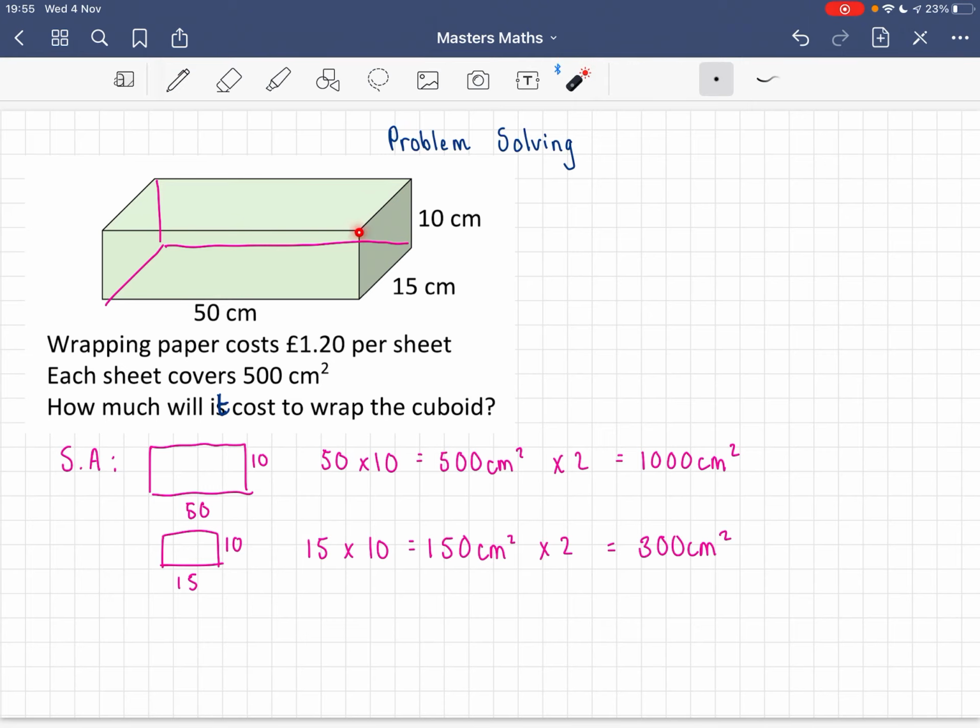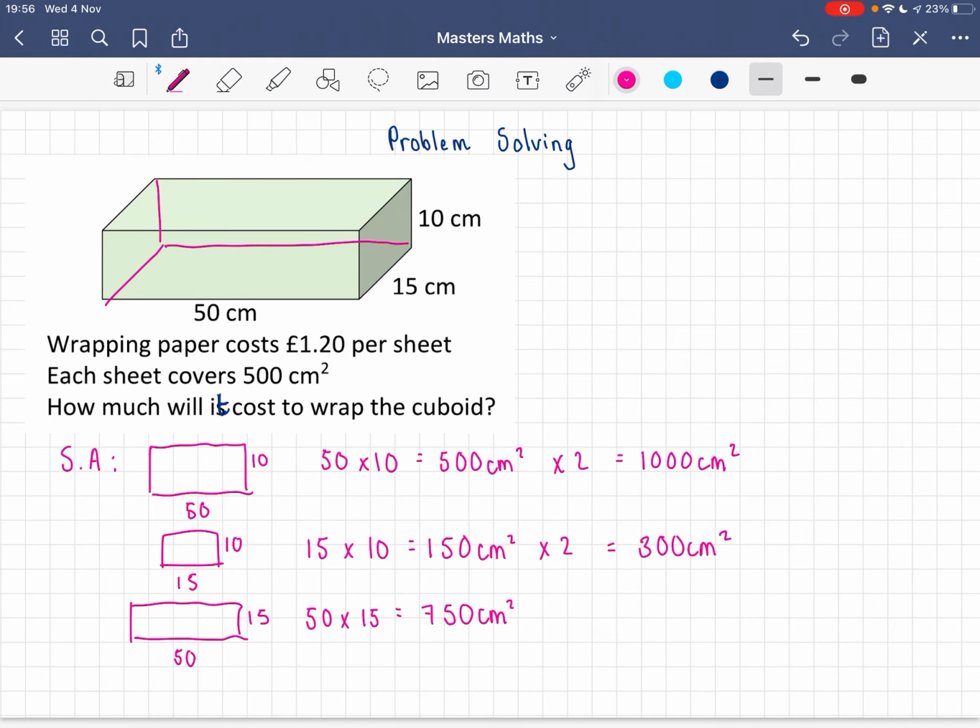And then lastly, we need to do the top and the bottom. They are still rectangles. They have a base of 50 and a height of 15. So to find the area, we need to do 50 multiplied by 15, which would be 750 centimetres squared.